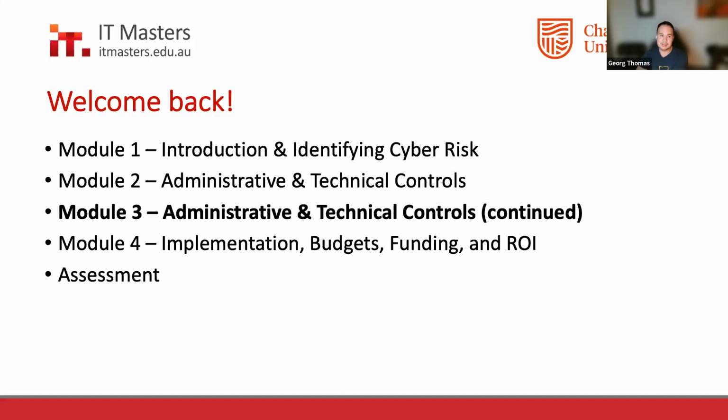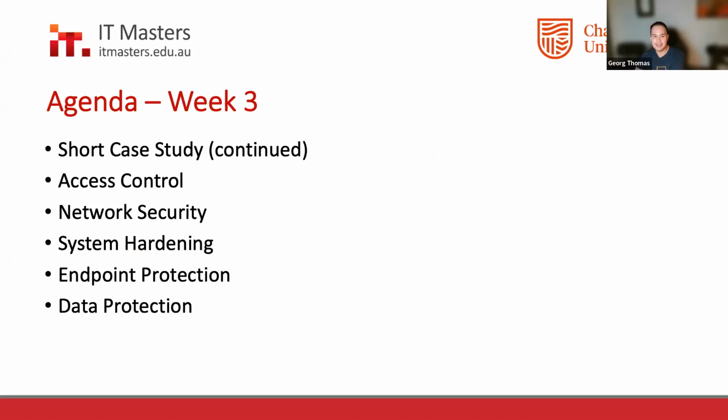So week 3, module 3, another continuation on administrative and technical controls, with an emphasis this week on the more technical stuff. As I just mentioned, we began with a short case study last week, so we'll wrap that up.